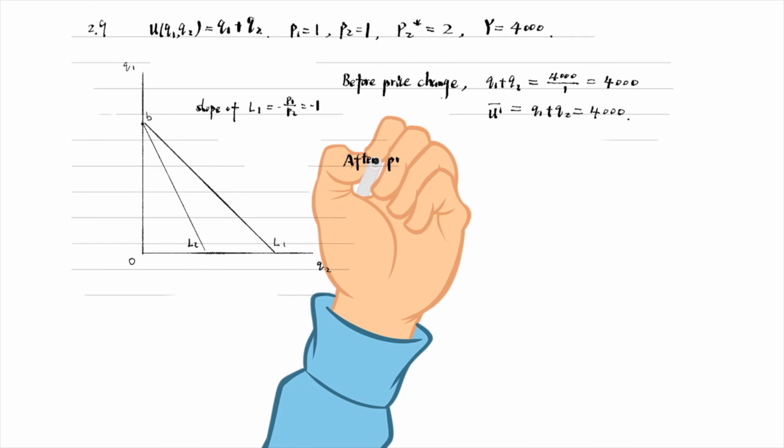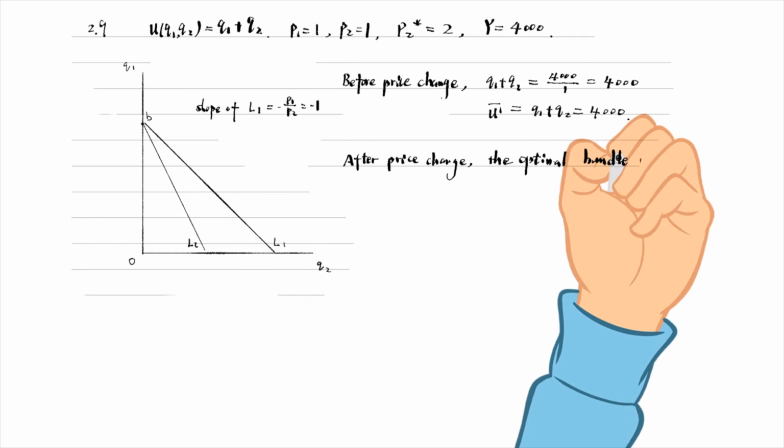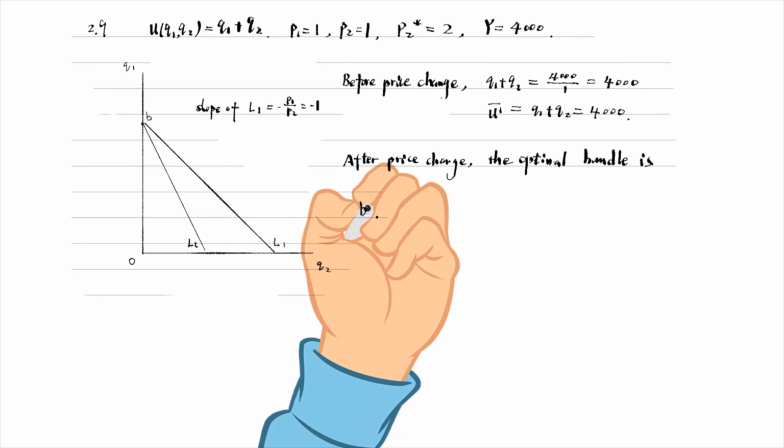After the price change, the optimal bundle is B, which is the corner solution, the highest possible indifference curve that touches the new budget line L2. The consumer spends her entire income on Q1.